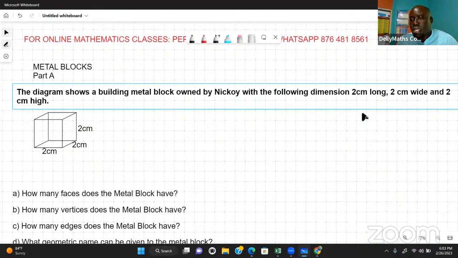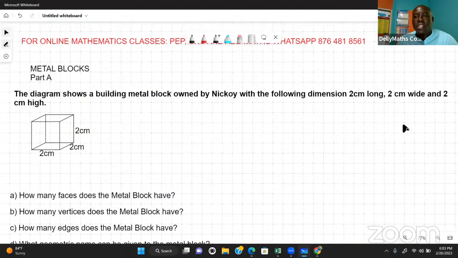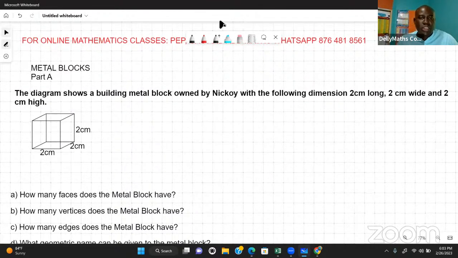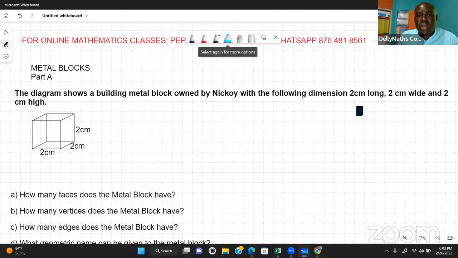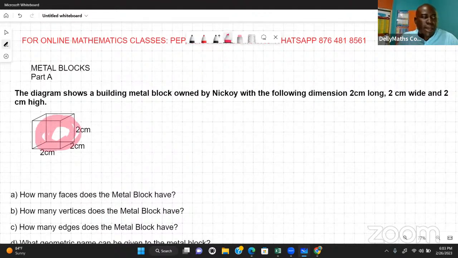So it's 2 centimeters long, 2 centimeters wide, and 2 centimeters high. As you could see, you're looking at the block right here below. So the dimensions it's giving, and we're looking at the block.